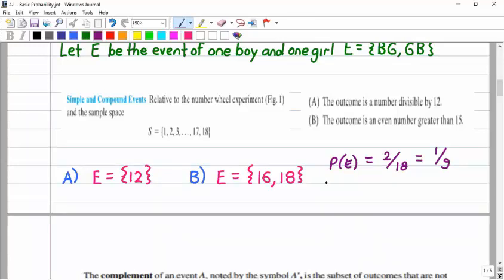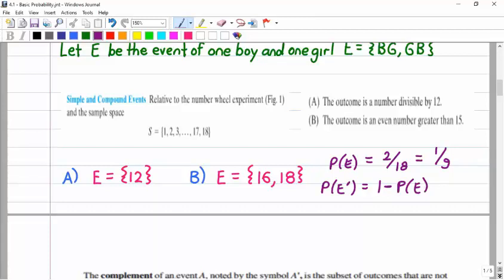Now, how about if I say this? There are 2 ways you can do this. The more cumbersome and least desirable way is to count through and figure out that there are 16 numbers out of those 18 that aren't in that E. But another way, which only works for probabilities, not for how many items there are: if you're talking probabilities, the complement is always 1 minus the probability of the event itself.